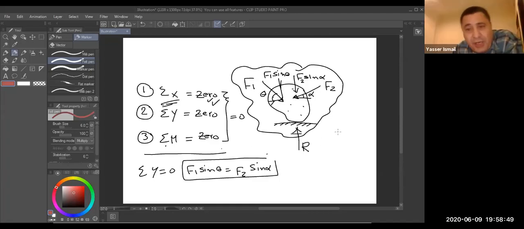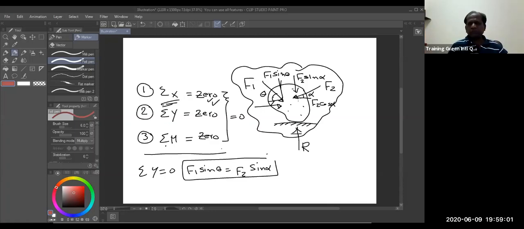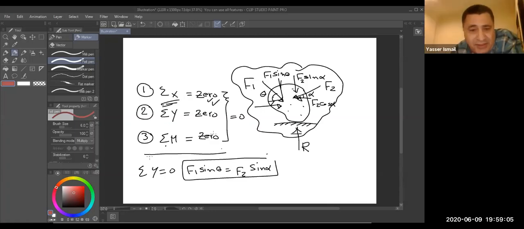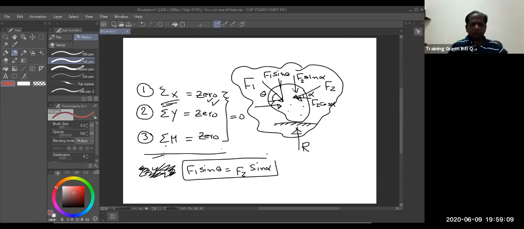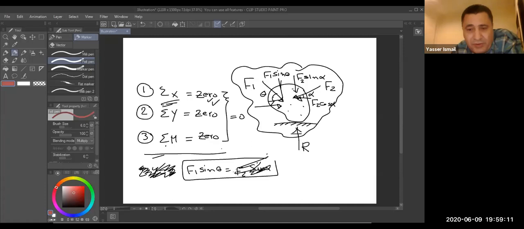Second equation in x direction. That means what here? F2 cosine alpha. See the direction of the forces. Sorry, this is wrong. This is the wrong equation. Sorry.